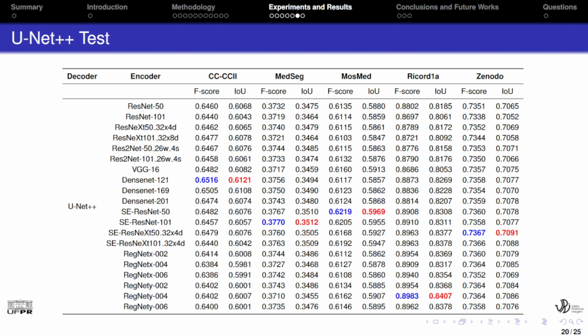The blue color results are the best F-score achieved, and the red color are the best intersection over union results. Here it's possible to visualize the difference between the encoders, and in general they achieve very close results, which means the depth of the encoder does not make much difference, since small encoders achieve similar results to the deepest encoders.